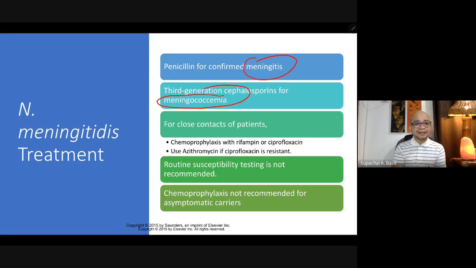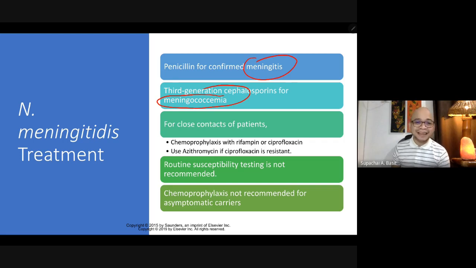For close contact of patients, so pwede palang mag-prophylaxis. Like for example, yung isang hospital merong outbreak ng Neisseria, pwede silang magkaroon ng prophylaxis such as rifampicin, ciprofloxacin, azithromycin if ciprofloxacin is resistant. Okay? So routine susceptibility testing is not recommended.